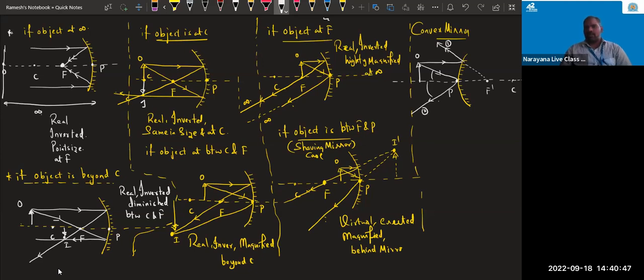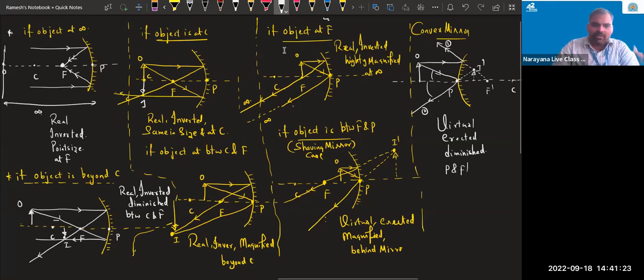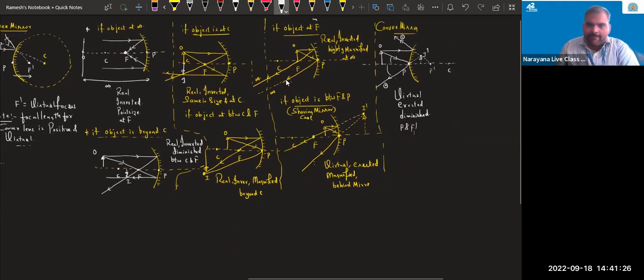No. So only apparently they will meet. So this is the virtual image. Correct or not? What do you notice? The character of the convex mirror is always virtual, always erect, and always diminished only, no? Always diminished. And where is it formed? In between pole and virtual focus. My point clear? I will send the screenshot to you. Later you copy. Clear?